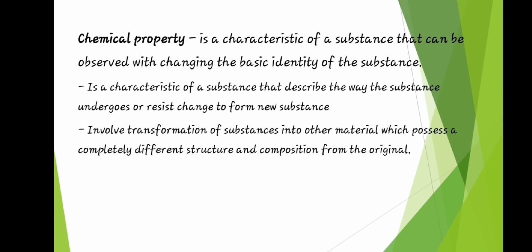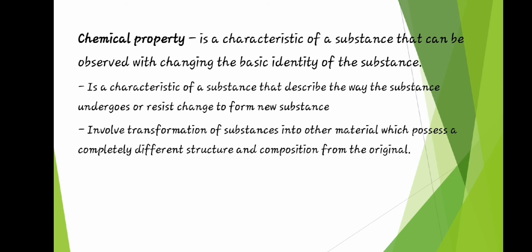So it involves transformation of a substance into other material which possesses a completely different structure and composition from the original. From the definition itself, you can explain that chemical property is a process in which a certain substance transforms into another substance.